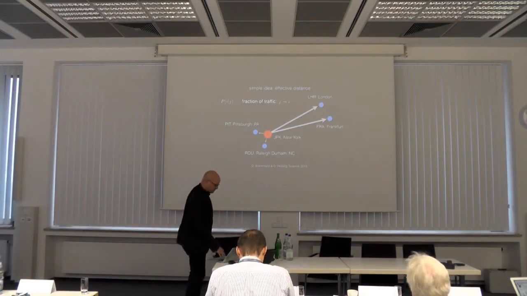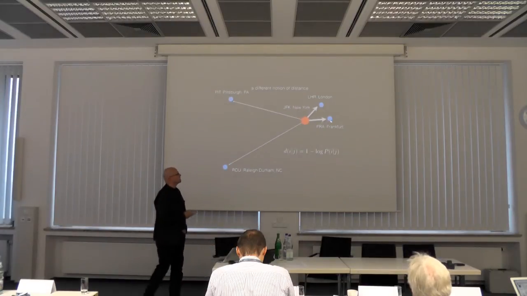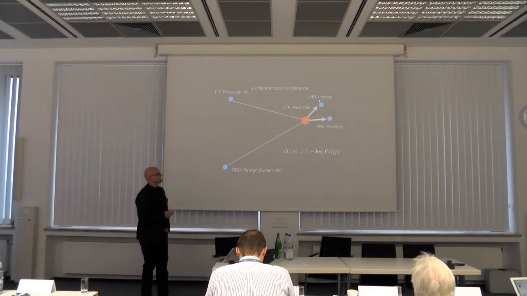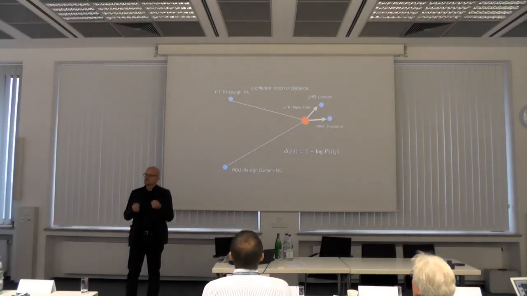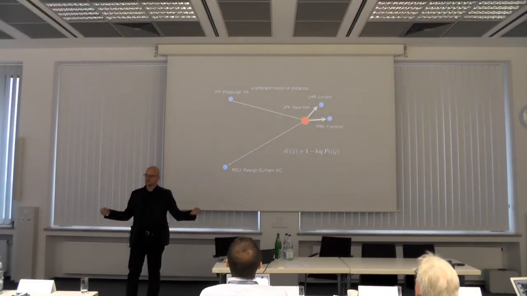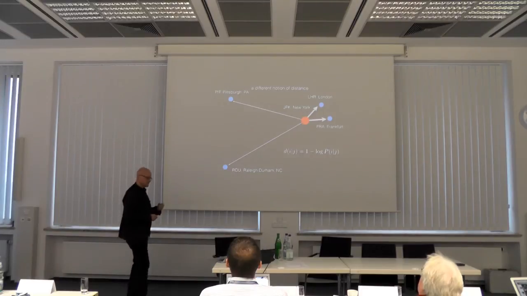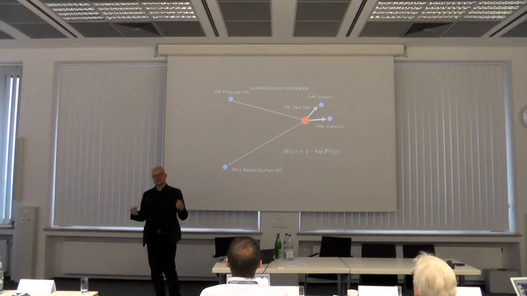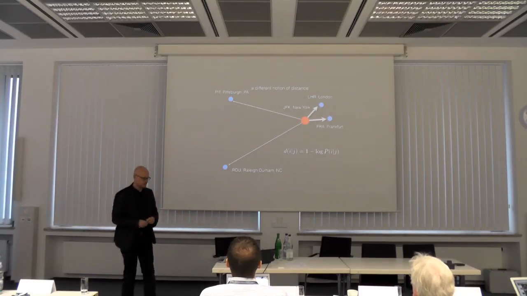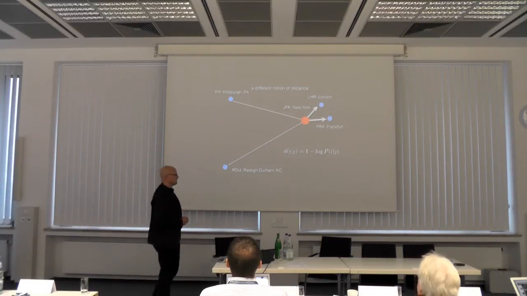So what if we redraw the world from the perspective of JFK such that if there's lots of traffic, places are closer, and if there's little traffic, they're far apart? Super simple, right? And intuitive. The basic idea is places should be close if there's lots of traffic, and far apart if there's little traffic, from the perspective of a given node.